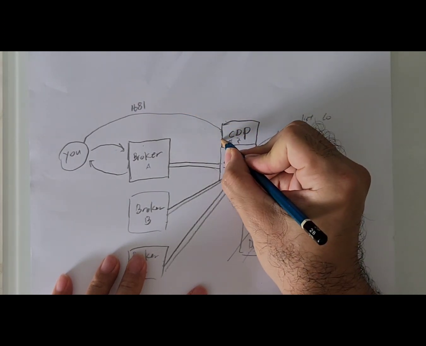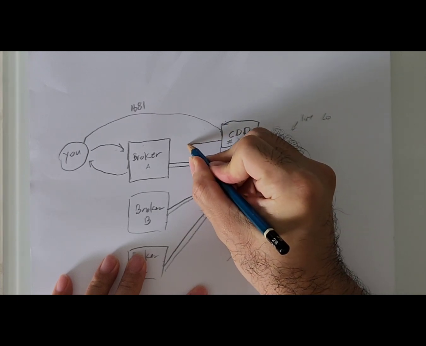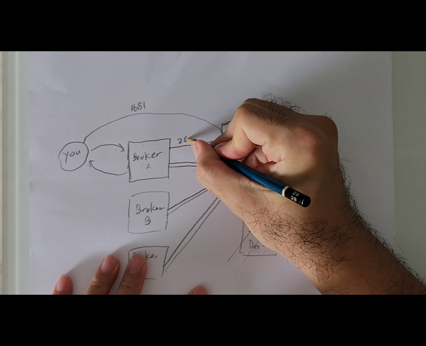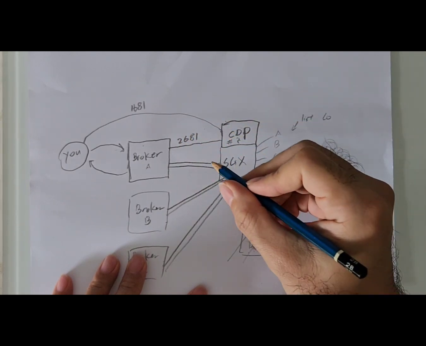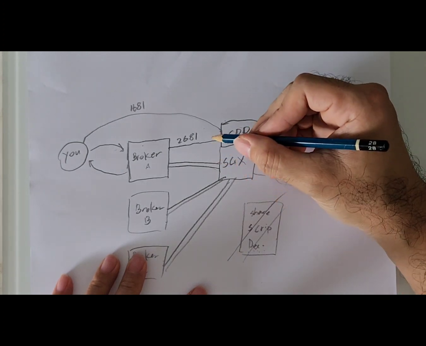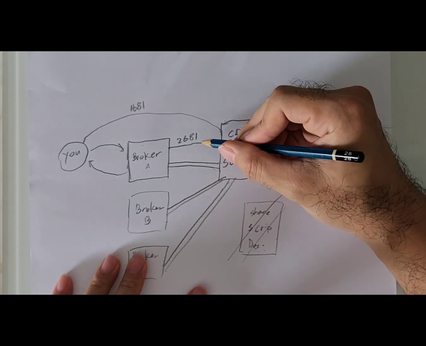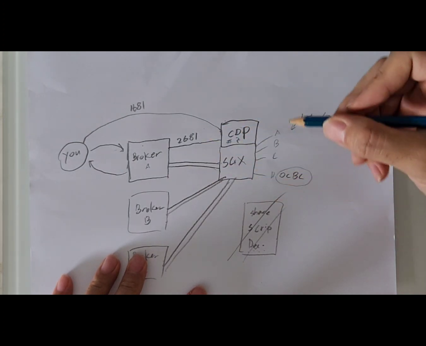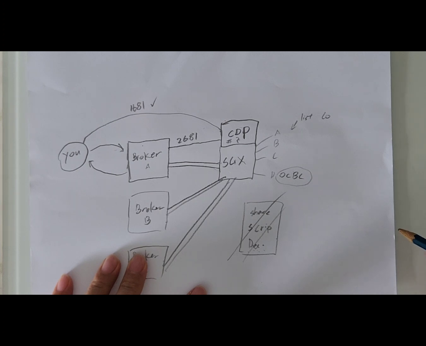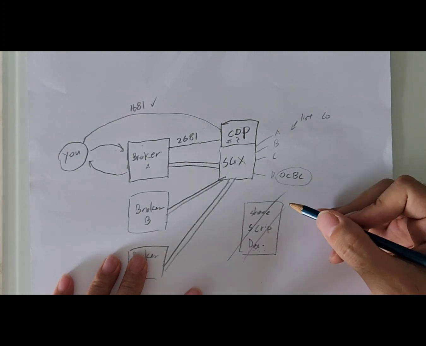CDP can also issue your shares to be kept at the broker, and this is called a 2681 account, or what you call a sub account. There are advantages for both, but in this scenario, let us just stick with a CDP account or cash account.